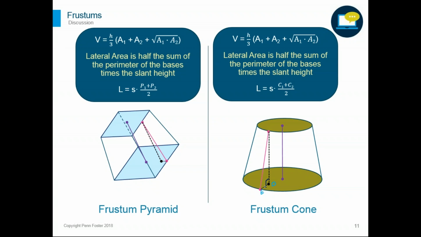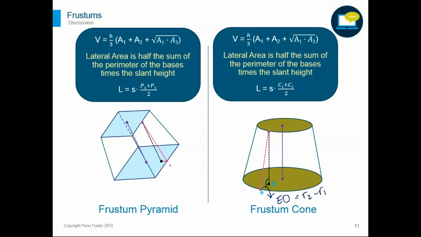So ED for frustum cones equals the difference of the two radii of the cones. So ED, the length ED, equals R2 minus R1, given that R2 is the radius of the larger base and R1 is the radius of the smaller base. That is for frustum cones.